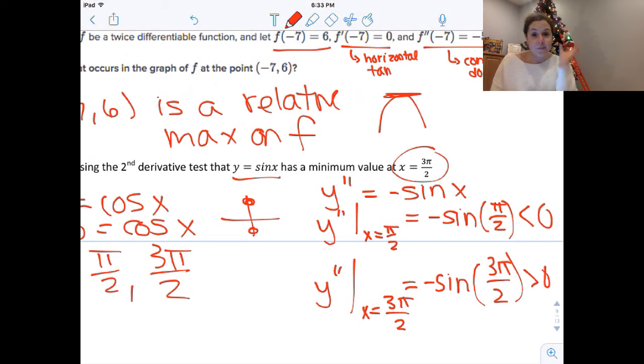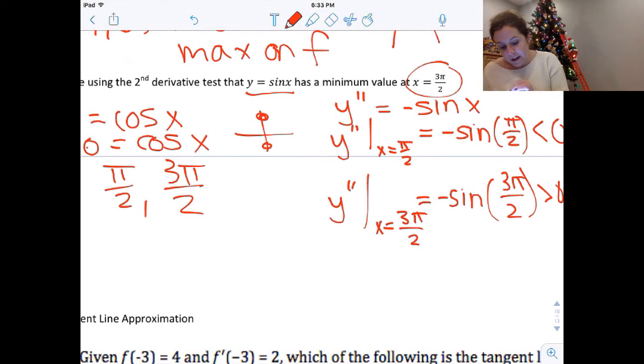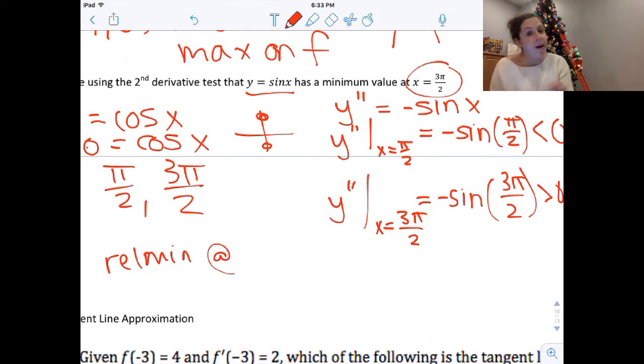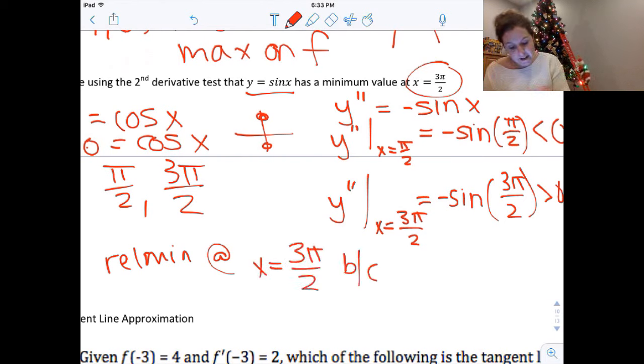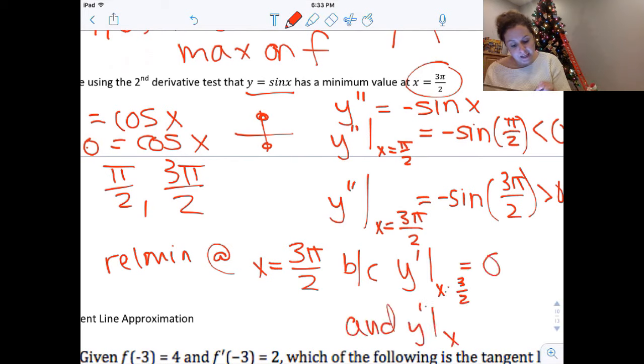So there is a relative min, and you would write this out, I'm abbreviating because we're going fast, at x equals 3 pi over 2, because y prime evaluated at x equals 3 pi over 2 equals 0, and y double prime evaluated at x equals 3 pi over 2 is positive. Now you could write that out in words also.